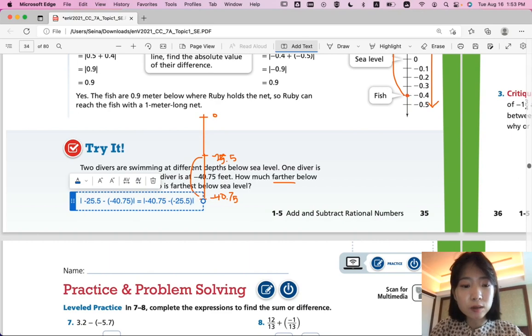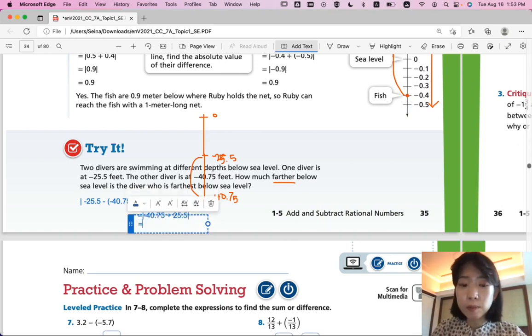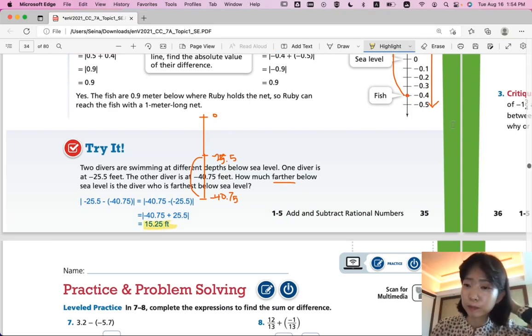Changing your equation into an addition, the subtraction becomes addition and cancels out your negative in 25.5, and that's going to give you a positive 15.25 feet. So the answer is 15.25 feet below sea level.